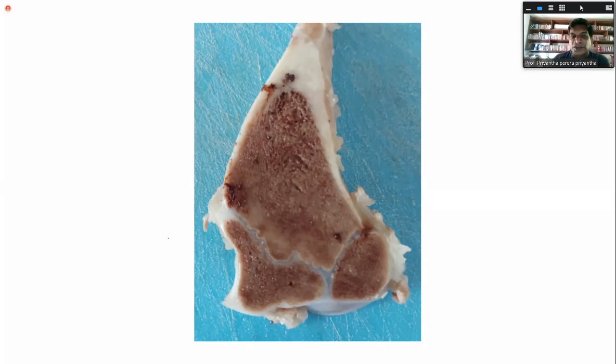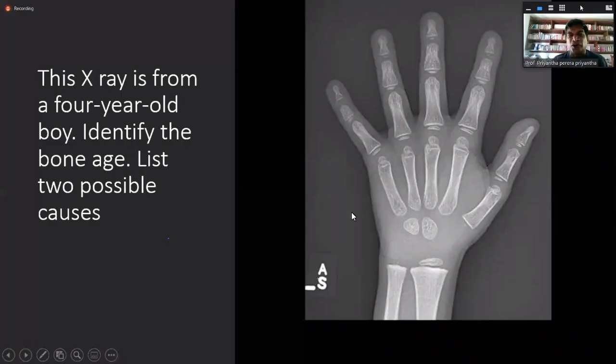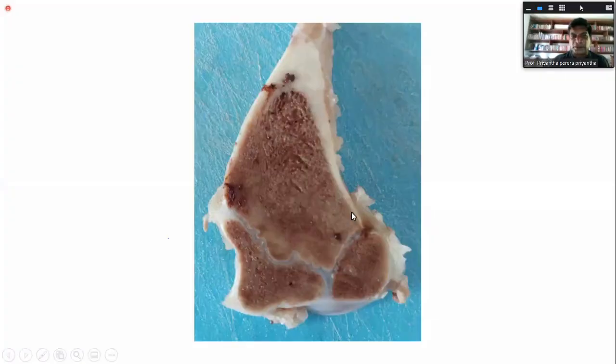And because the osteoid collects here, it applies pressure on the metaphysis, right? So the metaphysis gets pushed backward like that. So you get a cup-like thing. You get a cupping of that. And because of the pressure of the osteoid, the ends of the bone get spread out.